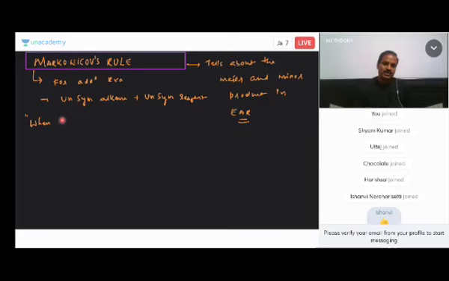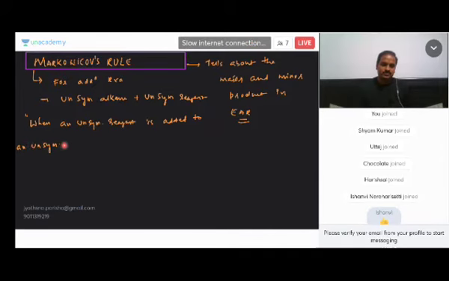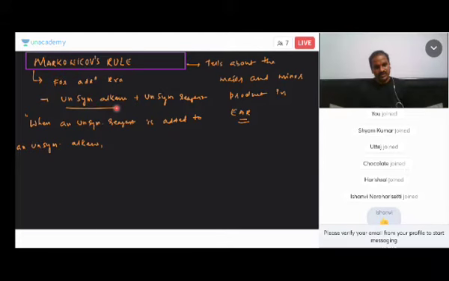When an unsymmetrical reagent is added to an unsymmetrical alkene, then this condition is satisfied. Unsymmetrical alkene, unsymmetrical reagent.